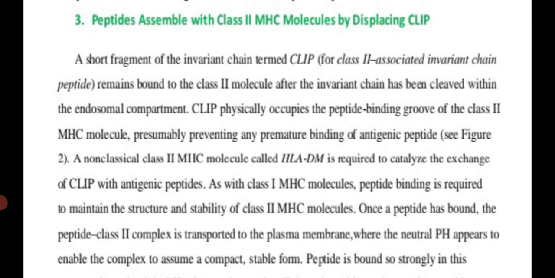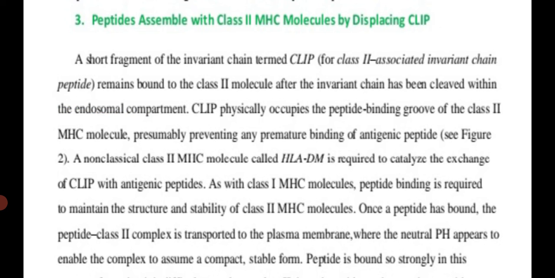A short fragment of invariant chain terminates as CLIP. CLIP is the class 2 associated invariant chain peptide, and this CLIP remains bound to the class 2 molecule after the invariant chain has been cleaved within the endosomal compartment.